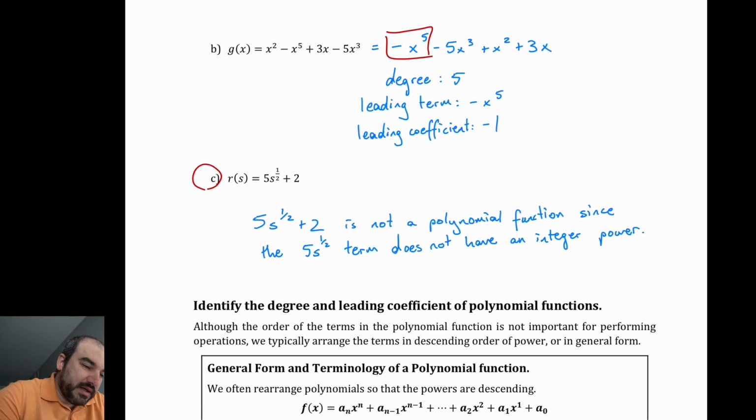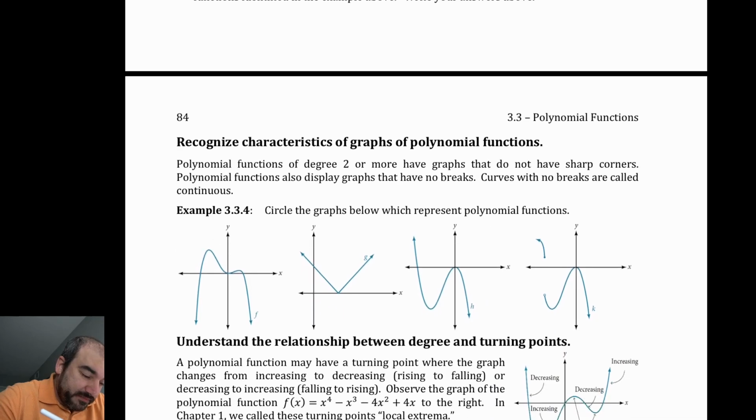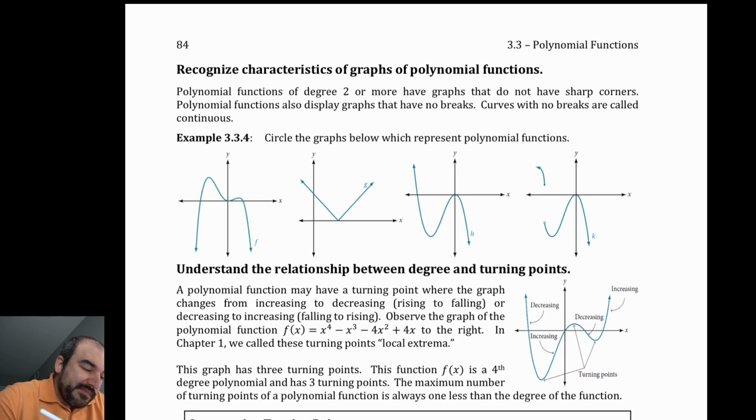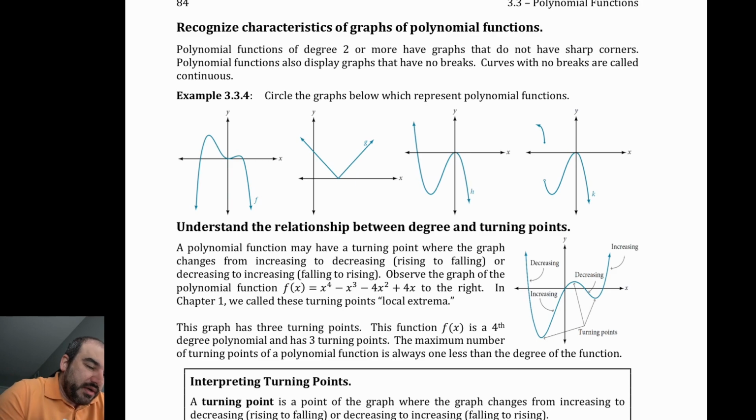Okay, so that's how we find degree, leading term, and leading coefficient. Those are the three vocab words we need to have. As for the characteristics of graphs of polynomial functions, main things to note are that polynomial functions do not have sharp corners and they have no breaks.